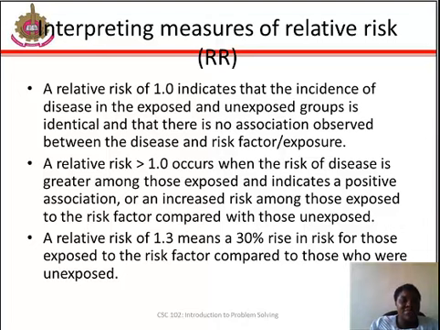And when the relative risk is greater than 1, it means that the risk of disease is greater among those exposed and indicates a positive association of an increased risk among those exposed to the risk factor compared with those unexposed. When we have a relative risk of 1.3, it means a 30% rise in risk for those exposed to the risk factor compared to those who were unexposed.